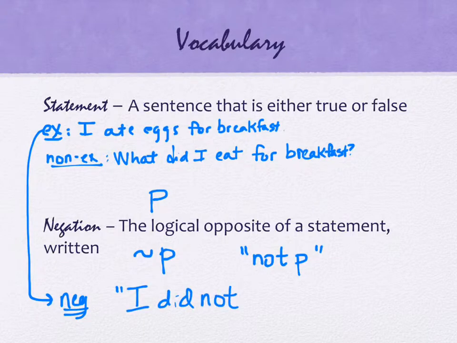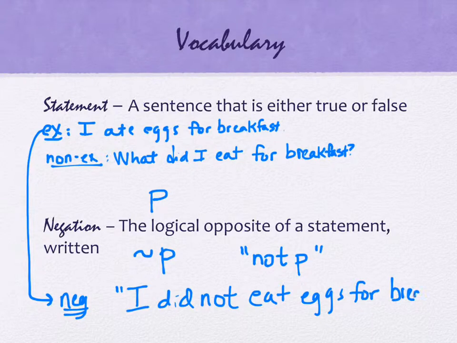I did not eat eggs for breakfast. Now, you might look at that and say, well, that seems very obvious. All I have to do is to change something that's said in a positive way to say it in a negative way, or vice versa. And in many cases, that's true. That's all we have to do.